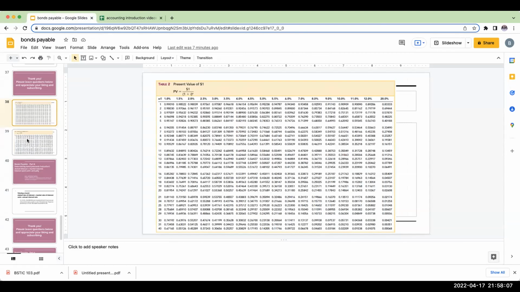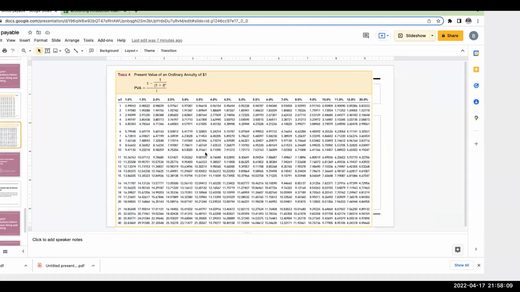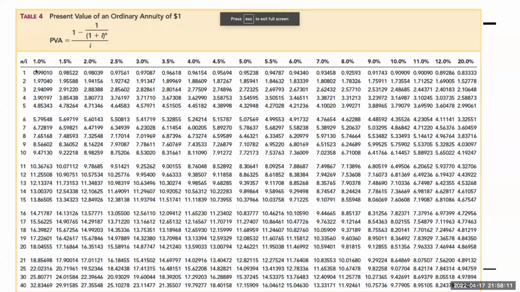Now let's go to this table, present value of an ordinary annuity of $1. Same thing: 20 times interest is being paid, 10 years, twice per year, at 2% is 16.35143.